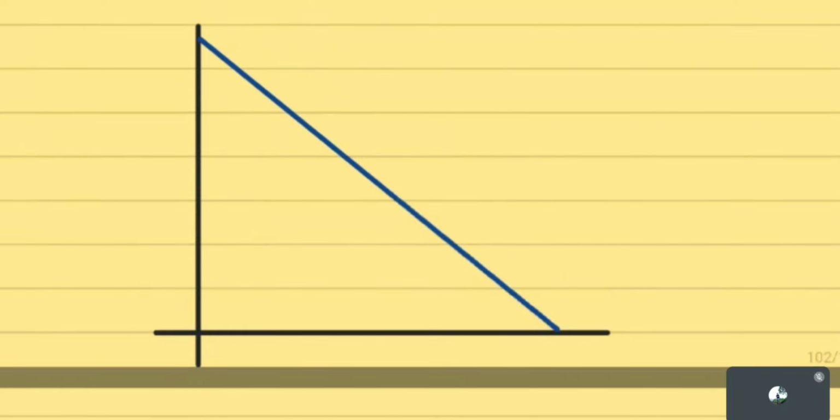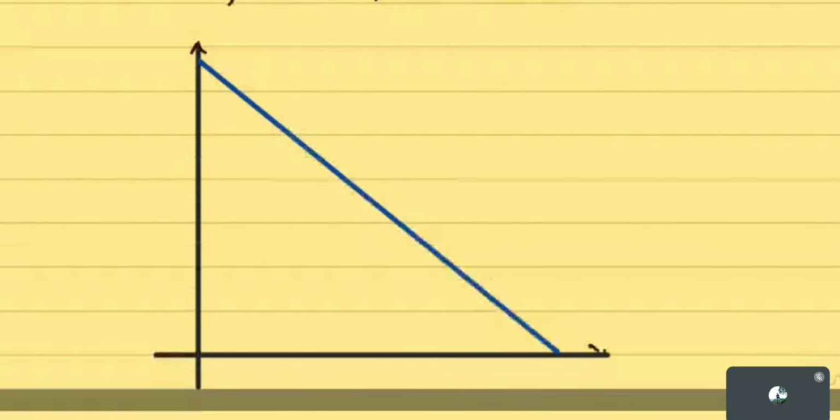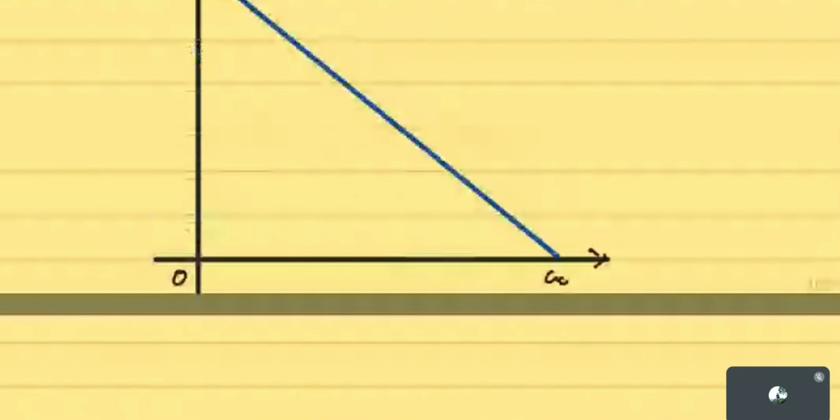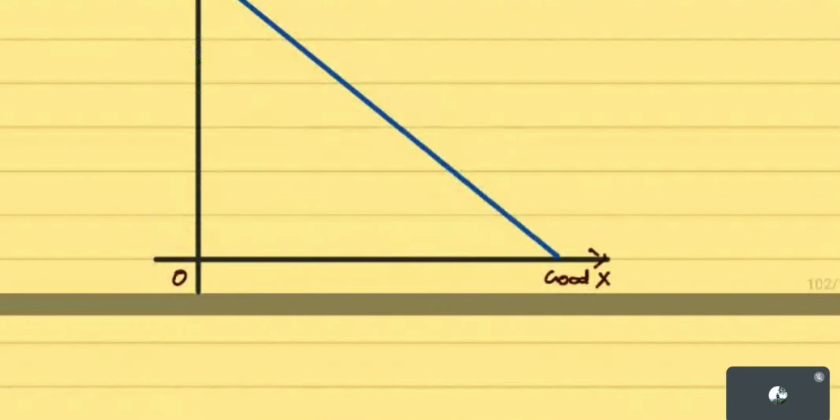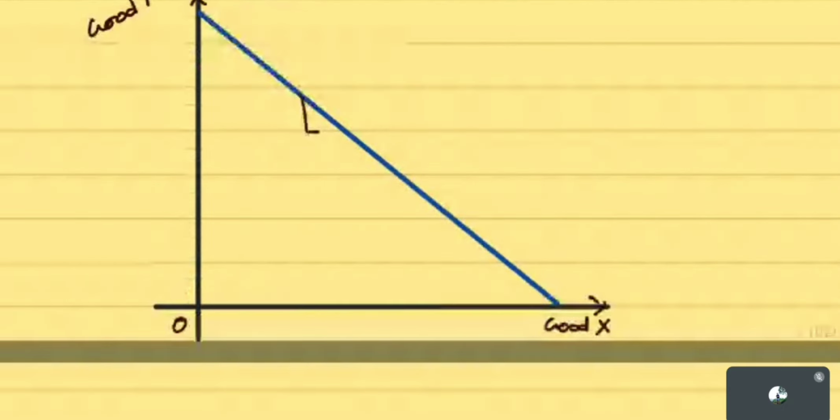So let me draw this using this information. I'm drawing my indifference curve. In this case, your IC is touching both the ends like this. Slope is constant. This is good y, good x, and this slope is represented by a by b.